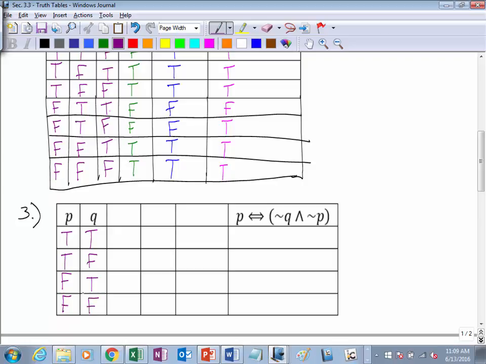Now in this case, I need to figure out what I need to fill into these columns to get my final result.